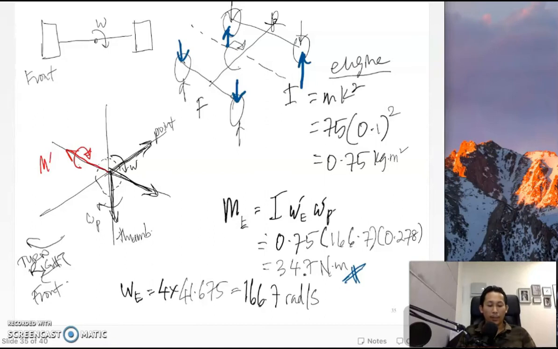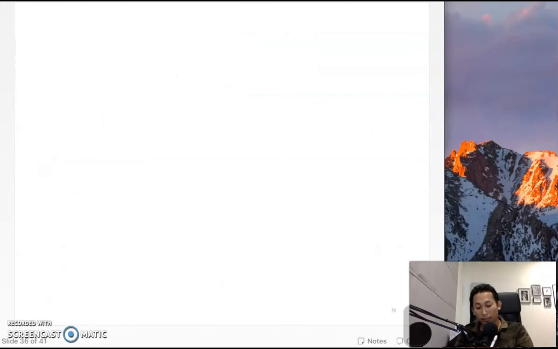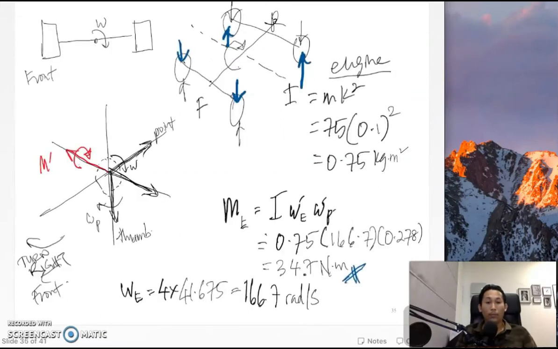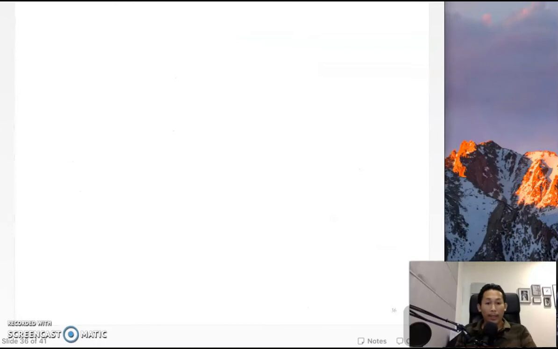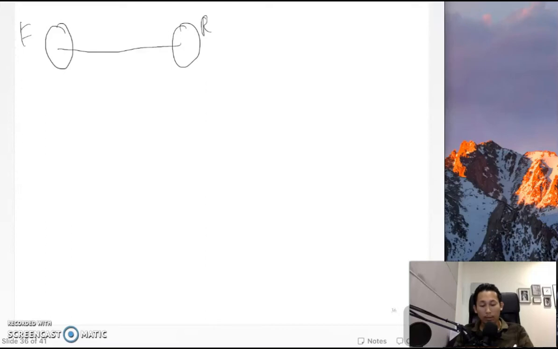Okay, so we need to calculate the moment of the force that reacts on the wheels. We have our front wheels and rear. This is 1 meter and this is 1.5 meter.